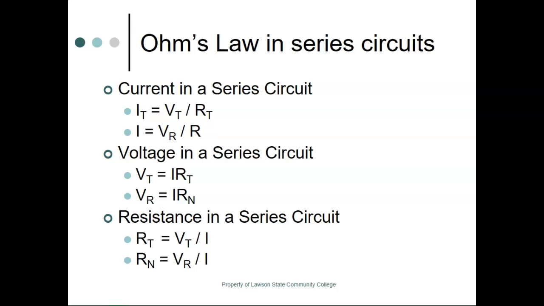Where you see RN or VN or IN, anytime you see one of those big letters and then something like an N beside it, that is referring to the resistance or current or voltage of whatever number resistor you're dealing with. Does that make sense?